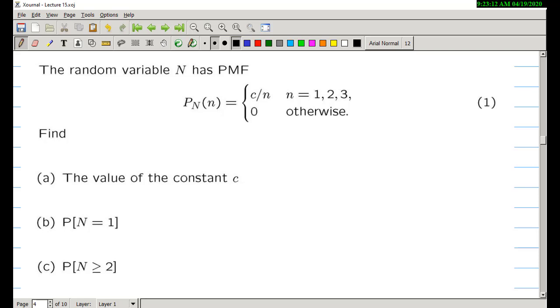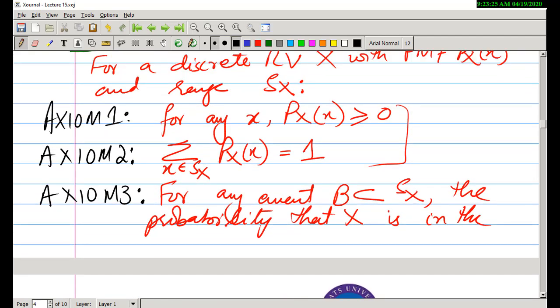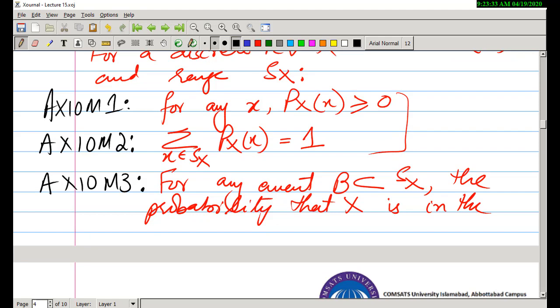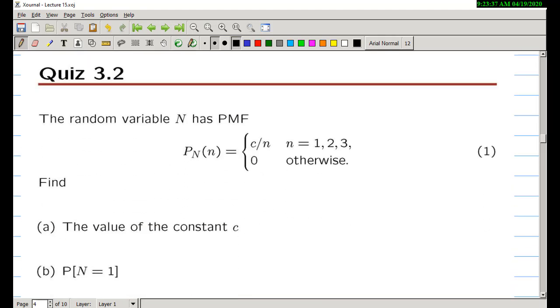That's pretty easy if we use the definition of the axiom. Let's go back to the axioms once again. It says that the summation of all the probabilities in the probability mass function sums up to 1. So here we will use the same thing.